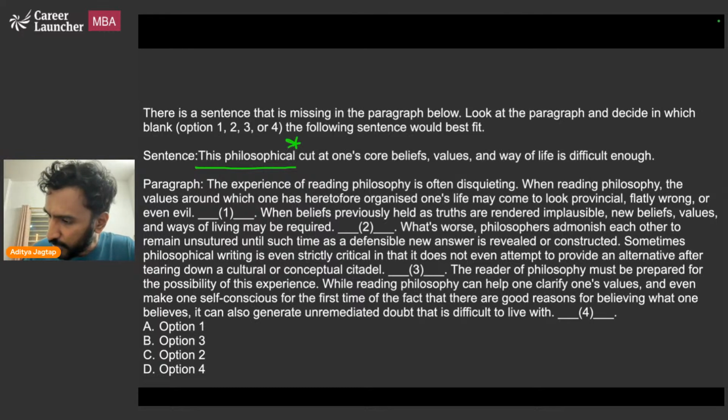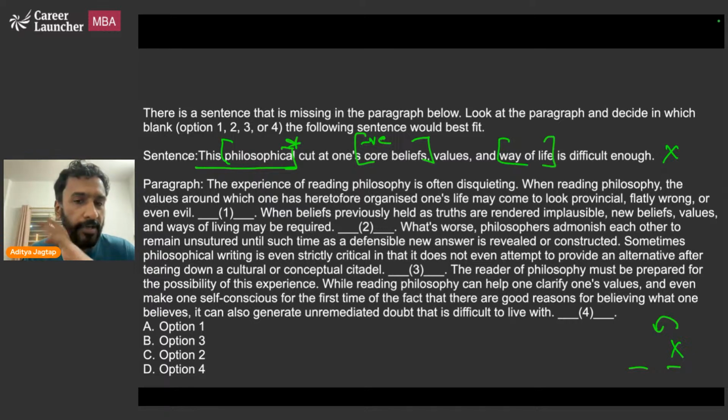We'll call the sentence X. In the sentence prior to sentence X, there is something philosophical, the philosophical cut at one's core beliefs, values, and way of life is difficult. So there is some philosophical outlook that negatively impacts one's core beliefs or way of life.